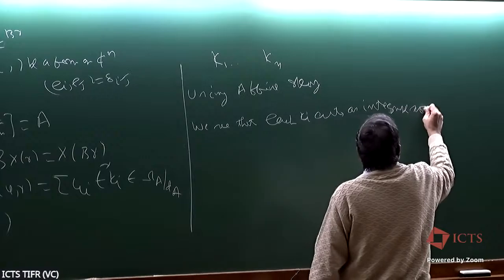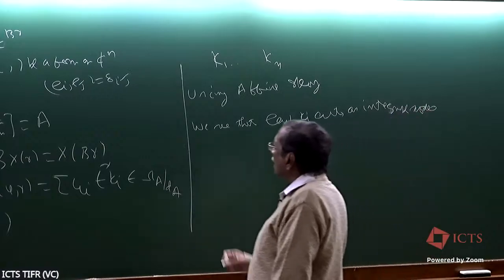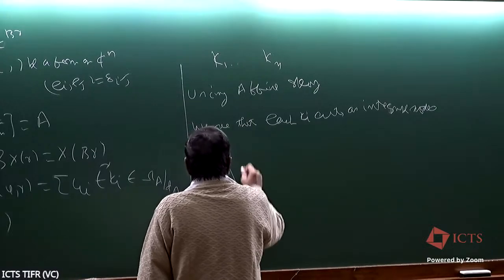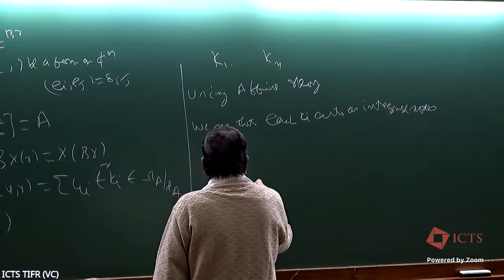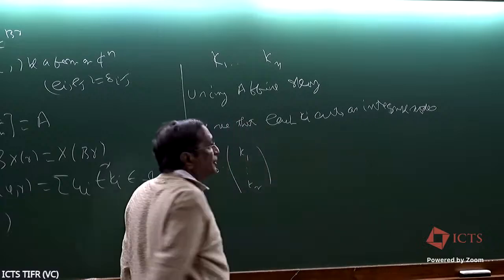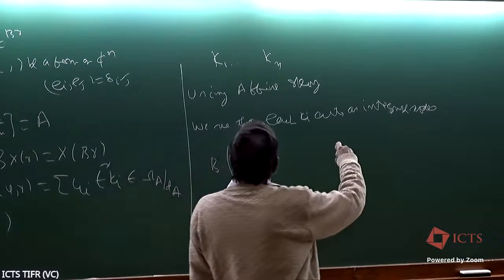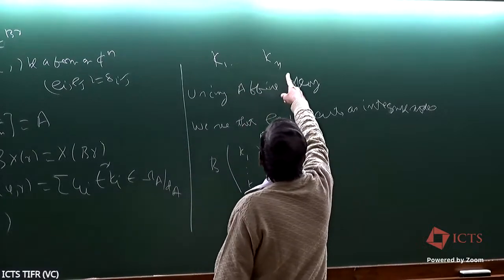Okay. Now, how does the B act on this? B, let us say, is usual multiplication.